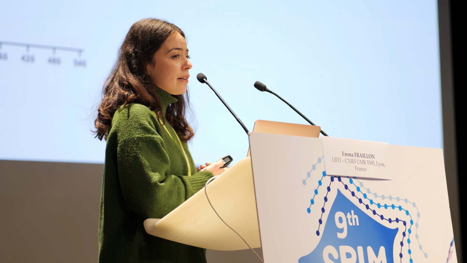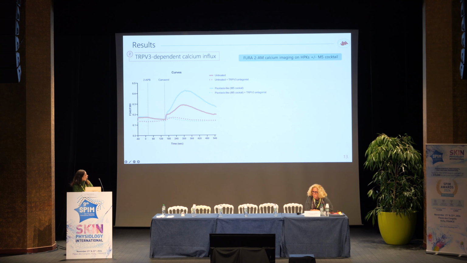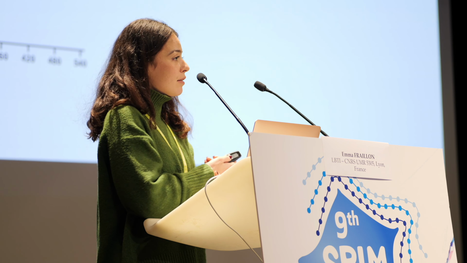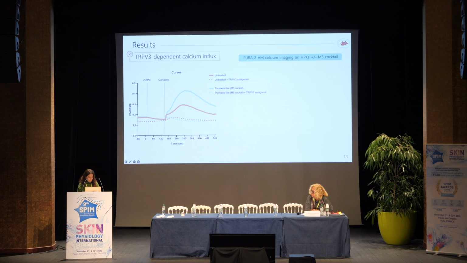To be sure that those responses were really TRPV3-dependent, we also added conditions where we treated the keratinocytes with a TRPV3 antagonist, and when this antagonist is present in culture, even if you stimulate TRPV3 with its agonists, you can see that there is almost no calcium that enters the cells, which means that those responses here were really TRPV3 dependent.